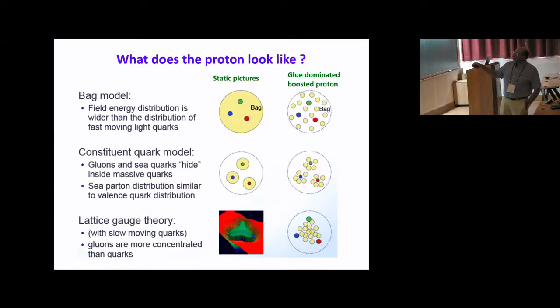Does it look like this? Are there gluons with these quarks rattling around the bag? Or do the gluons cluster around the quarks? Or do we have these boomerang or Mercedes star kind of shapes that some lattice gauge theorists tell us about? Which of these is it? And then if you say, well, I really believe the lattice, and the lattice tells us it's this, okay?